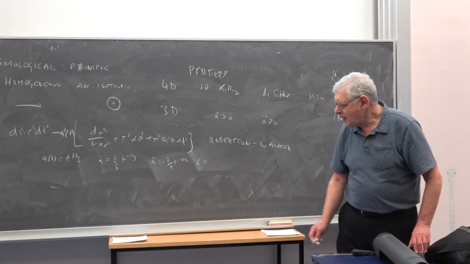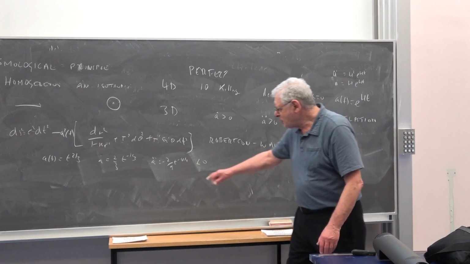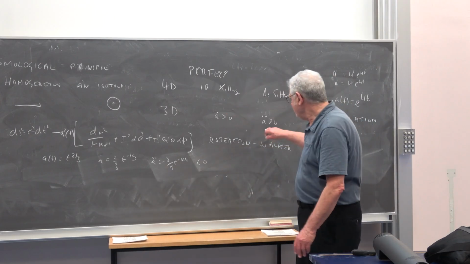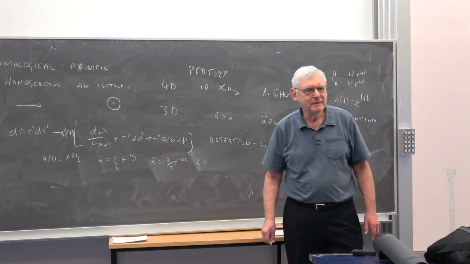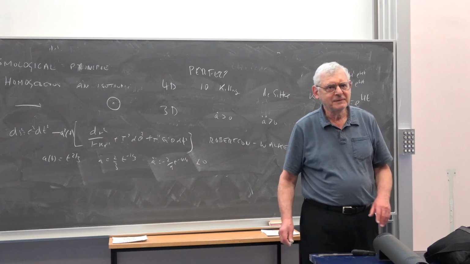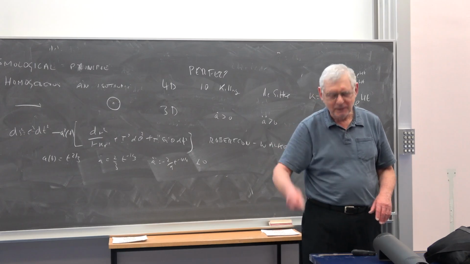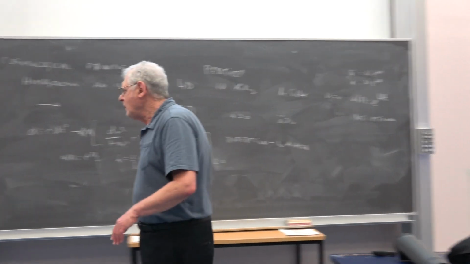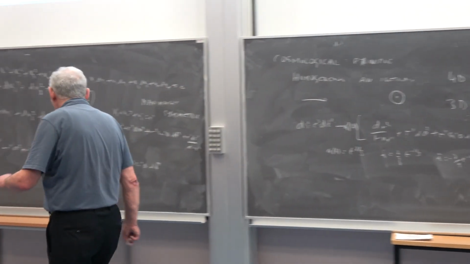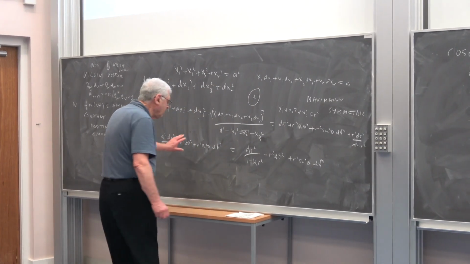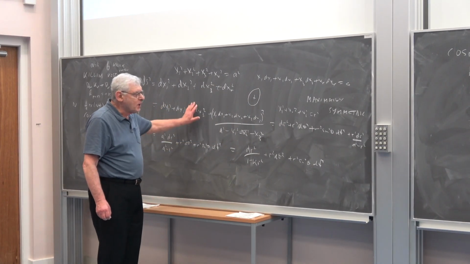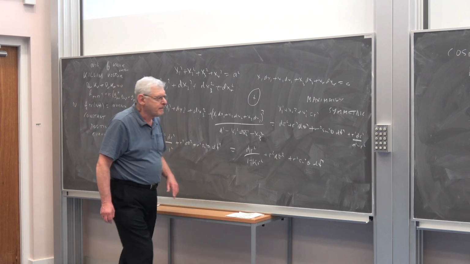So you needed something to push this minus sign into a plus sign. And that's dark energy. That's what it will have to do. Okay. Now, these are examples of geometries which are defined by their symmetry.